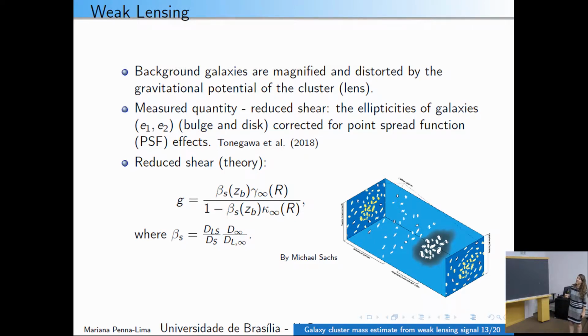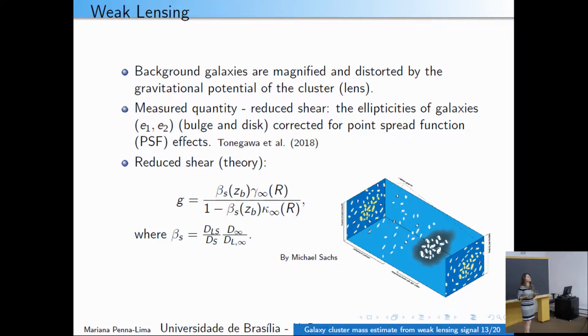Beta is the ratio between the cosmological distance between lens and source, the distance between the observer and source, and the distance between the observer up to infinity and lens to infinity. The quantities with infinity here are due to photometric redshift uncertainty.